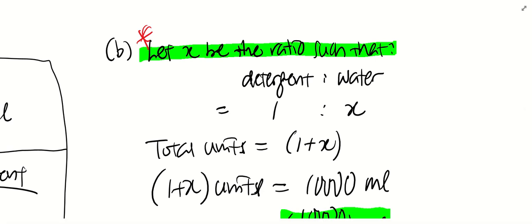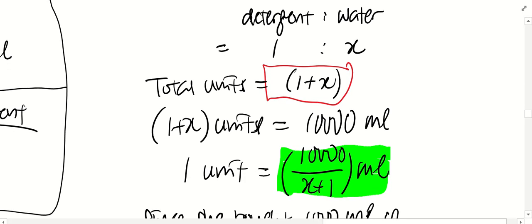Now how many total units do we have? Well, it's simply 1 plus x. Just now it was 1 plus 4, now it's 1 plus x. Now this total number of units, 1 plus x, represents how many milliliters? Just now it represented 5 liters or 5,000 milliliters.